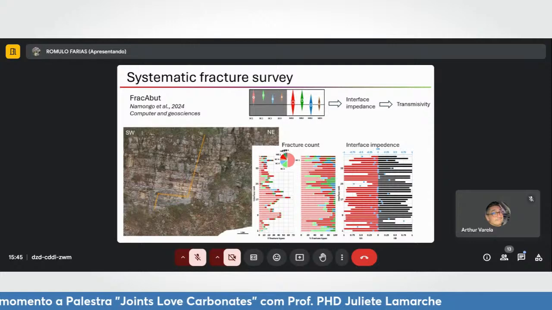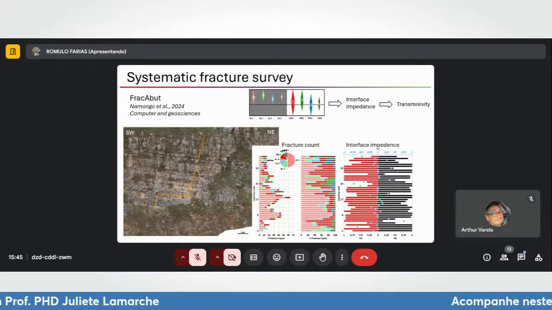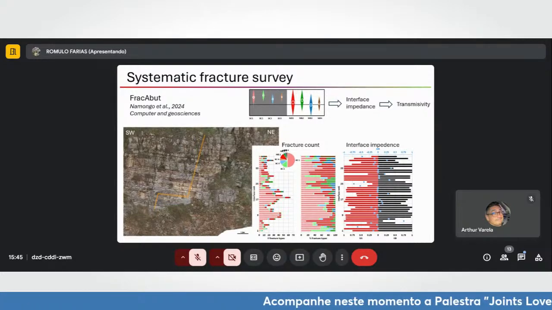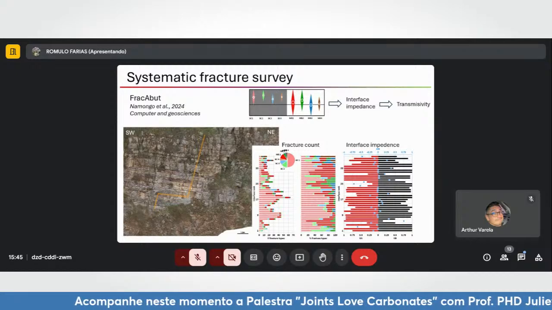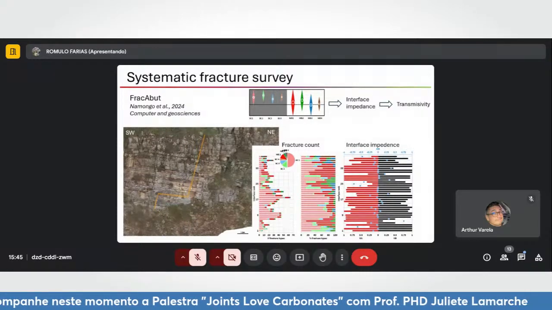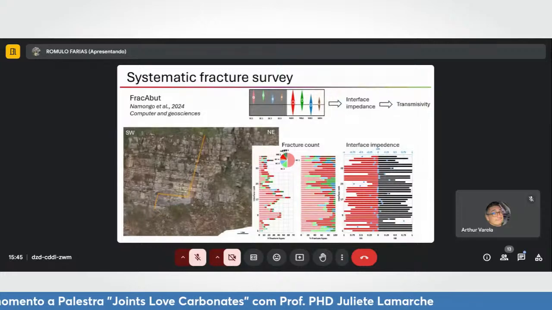The colors correspond to bed-confined fractures or multi-bed fractures, and it depends on the tip of the fracture. Either they have both tips on the bed interface, or they have one of their tips on the bed interface, or no tip on the bed interface. So these are the colors.